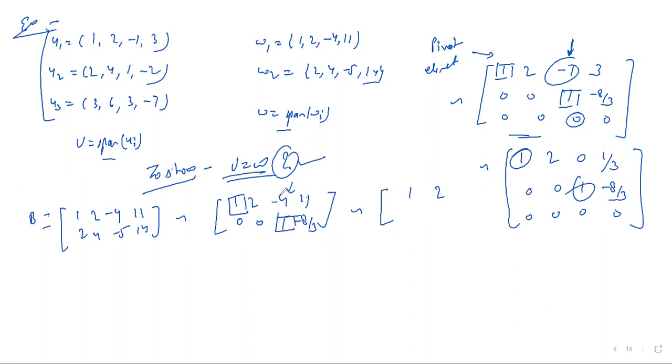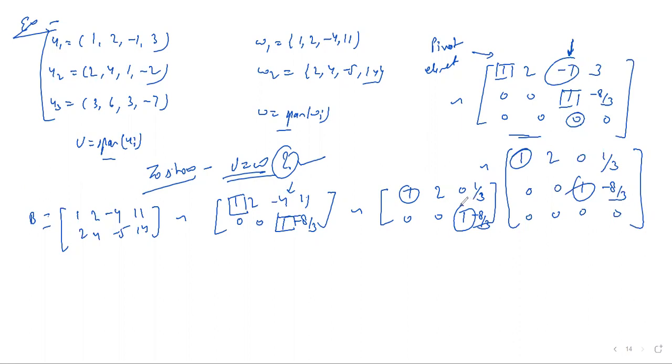So we have to reduce minus 4 to 0. We'll apply the operation here, and it will become 1, 2, 0, 1 by 3, 0, 0, 1, and minus 8 by 3. I got these two pivot elements here. So we can see that I got the vectors as the non-zero rows of matrices in row canonical form.